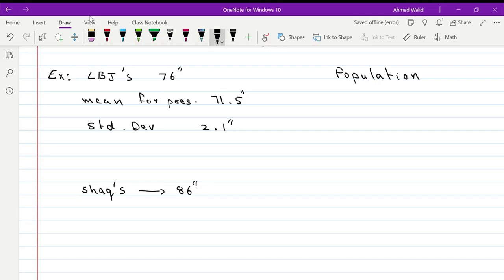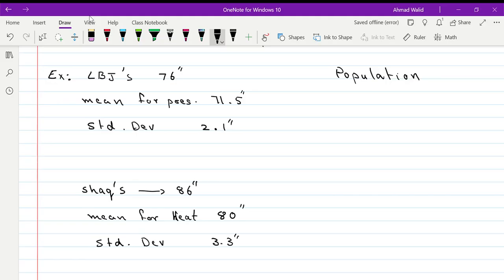The mean for the Heat, let me put capital H, the Miami Heat team, is 80 inches. And the standard deviation for this team is 3.3 inches.